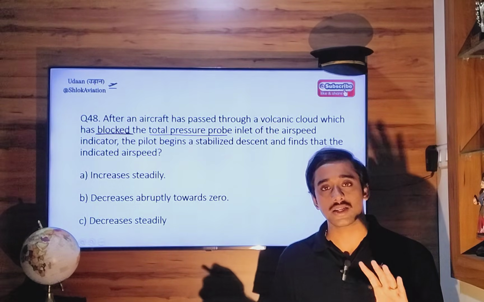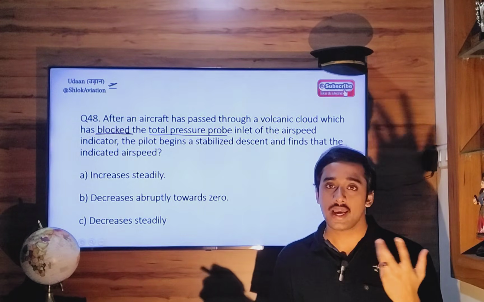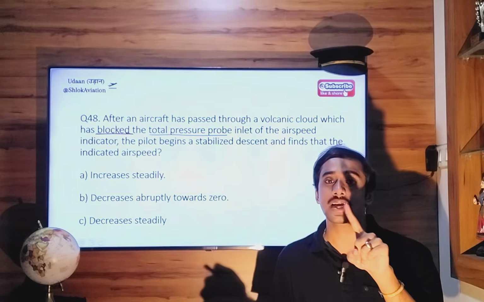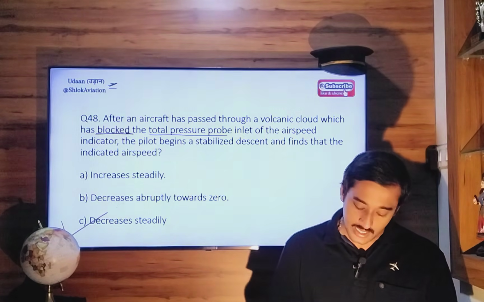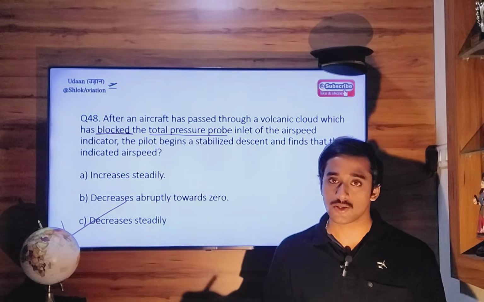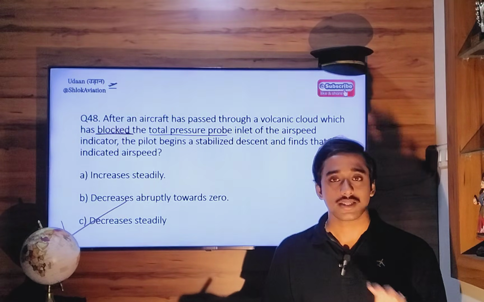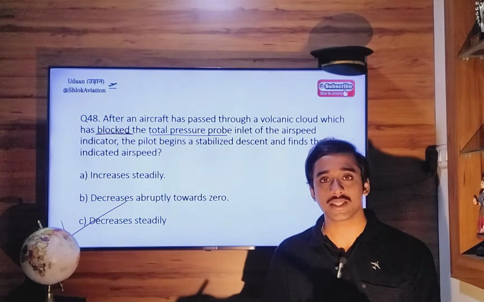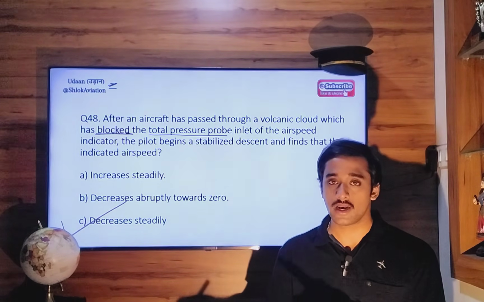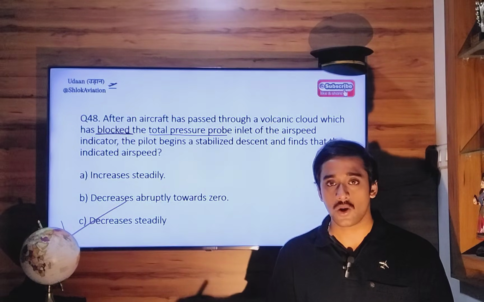Similarly, the ASI needle will also start showing a decreasing trend, just like an altimeter. So the indicated airspeed of your aircraft will decrease because the pitot tube is blocked and the static port is open, so static pressure is getting inside the ASI instrument, and your ASI behaves like an altimeter.